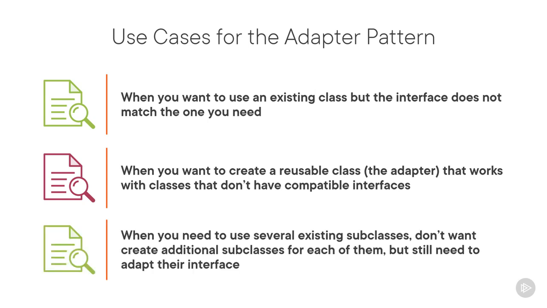Lastly, use it when you need to use several existing subclasses, but you don't want to create additional subclasses for each of them. Yet, you still need to adapt their interface. In that case, you can use the object adapter pattern to adapt the interface of its parent class. Let's continue with the pattern consequences.